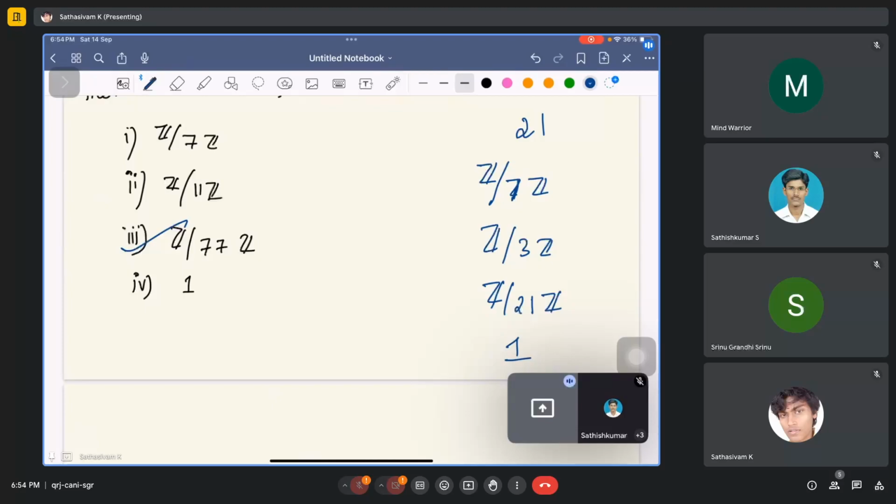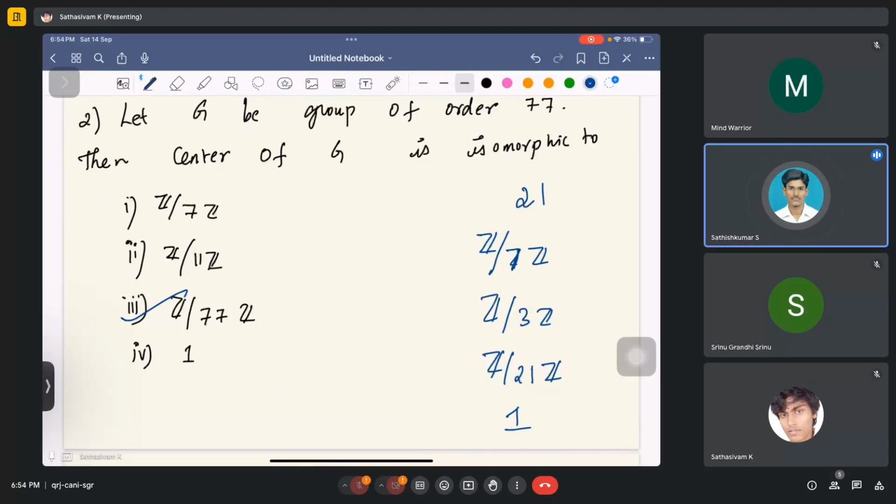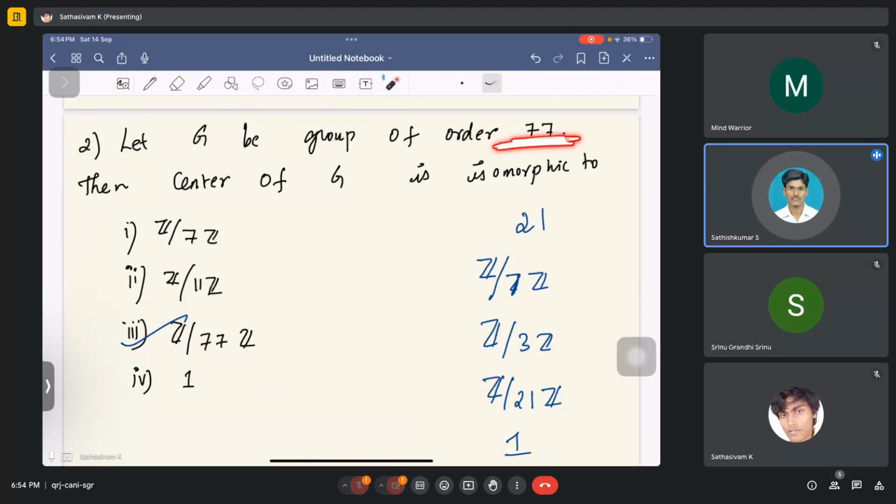What are the possible orders for the center? The same question. 21. Okay. So 21 is one cyclic and one non-abelian possible, sir. Okay, but in the earlier case, how do you know there's no non-abelian possible? Yes, sir, because 7 does not divide 11 minus 1.